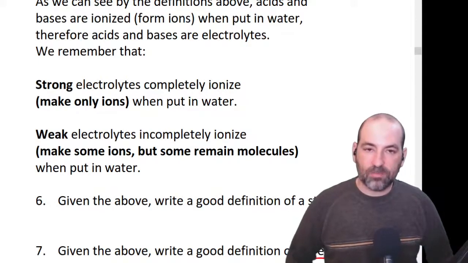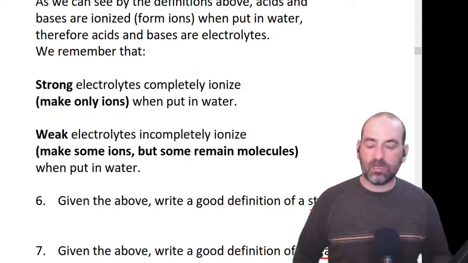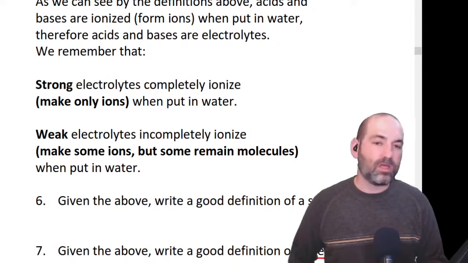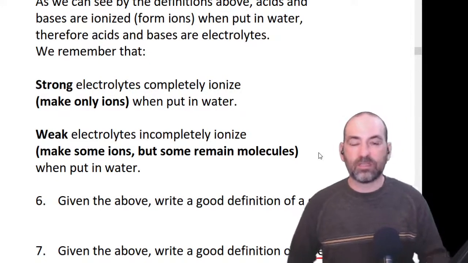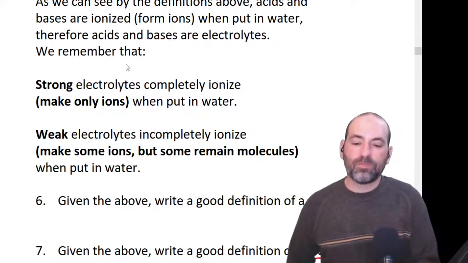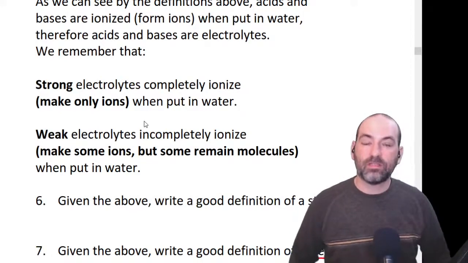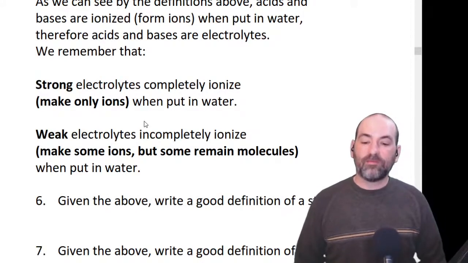And we mentioned this before, but now that we're really talking about acids and bases, let's get into what it is. So when we say strong and weak in relation to acids and bases, like this is a strong acid, this is a weak acid, what we're referring to is the electrolytic capacity of the acid or the base. In other words, does it completely form ions when it's put in water?